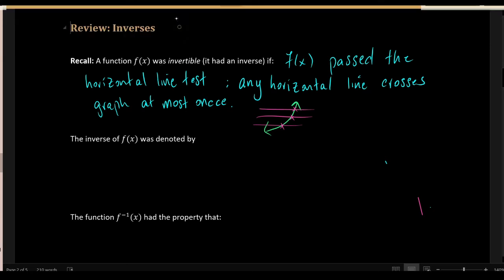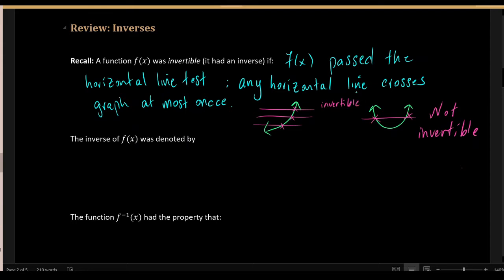On the flip side, a parabola would not pass the horizontal line test because this horizontal line, for example, crosses the graph in more than one location. This would not be invertible. This function would not have an inverse, whereas the function on the left side would be invertible.